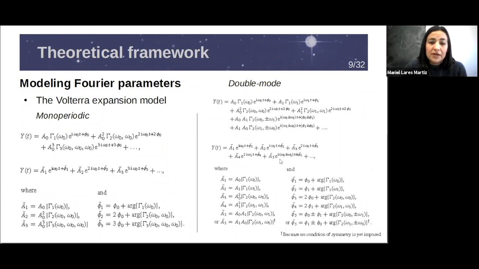But let me just say for later explanation that if we knew the gamma functions completely, we could completely know this output, and that is the aim, to characterize them.